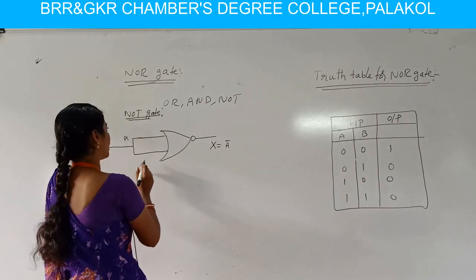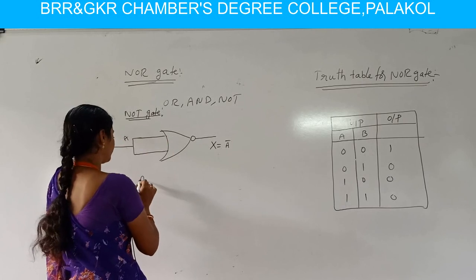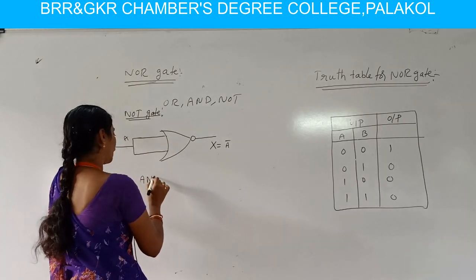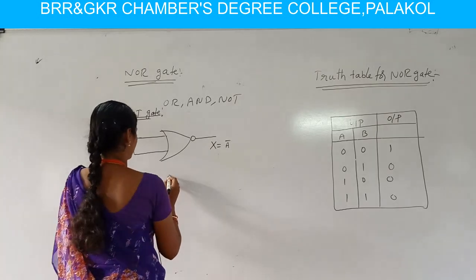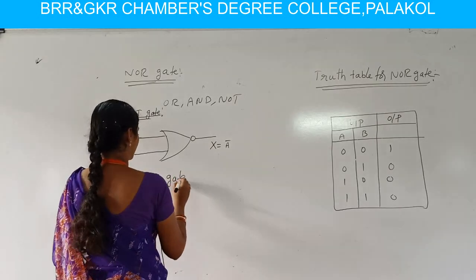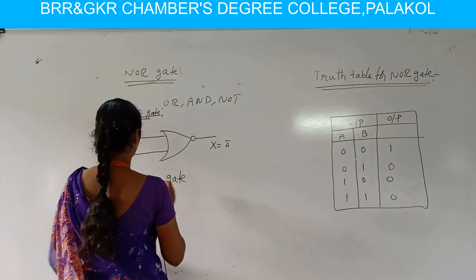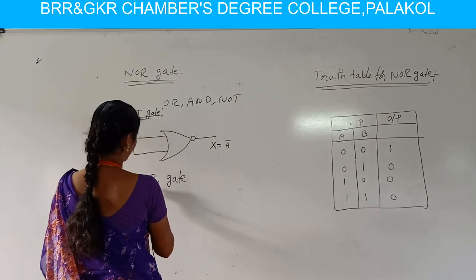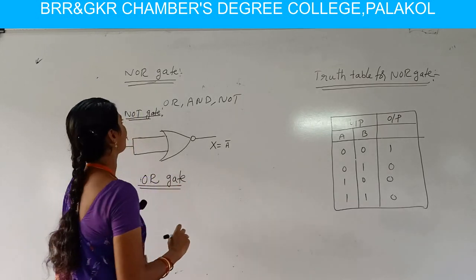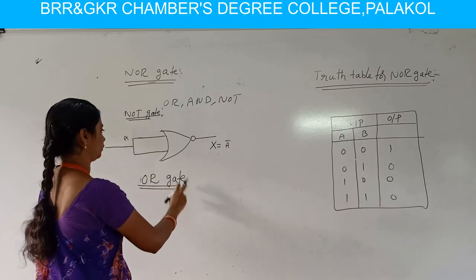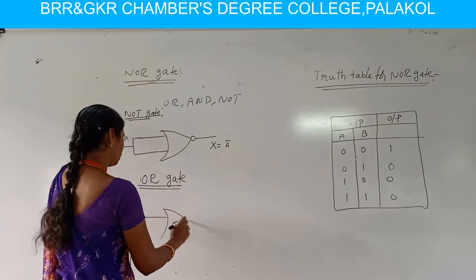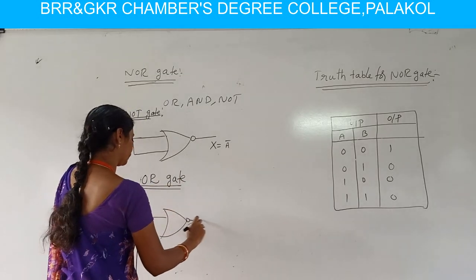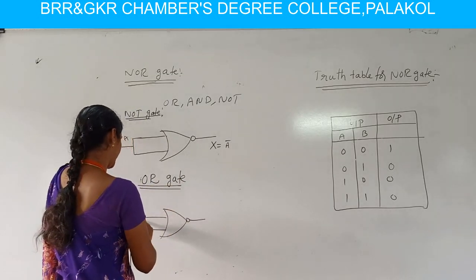Next, from the NOR gate we construct the AND gate. First we construct the OR gate, then we have the AND gate. Here we connect two NOR gates in series.